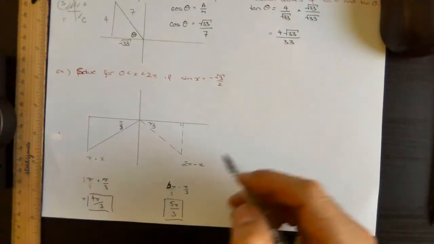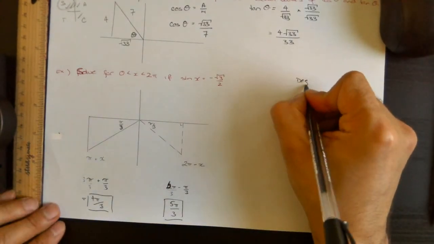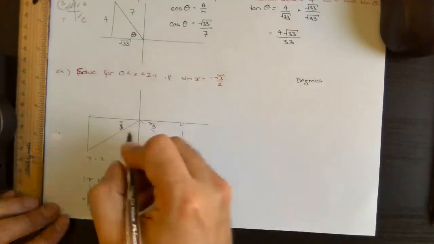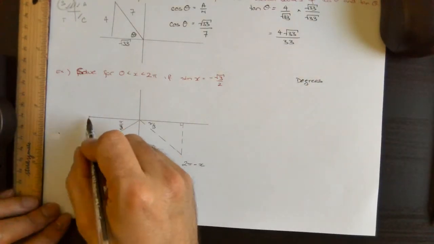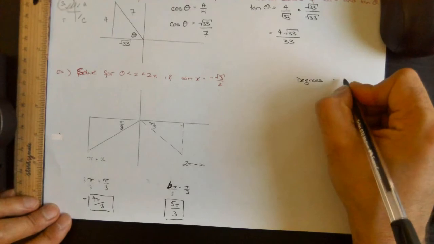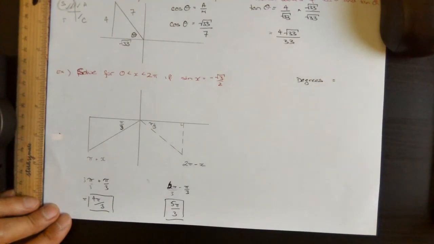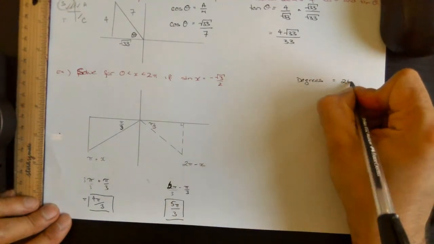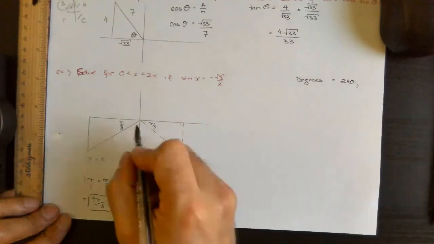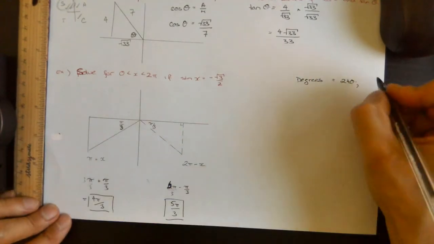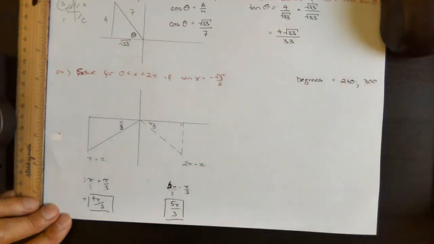Now, obviously, if we did it in degrees, we said that it was 60. 180 plus 60 is 240. And it's going to happen at 360 minus 60, so it's going to happen at 300.